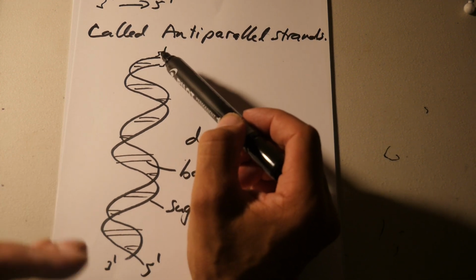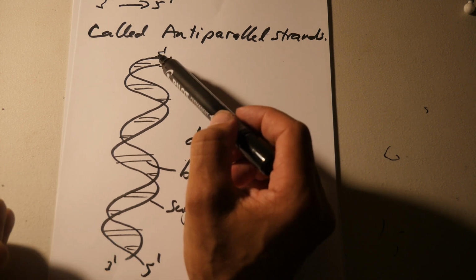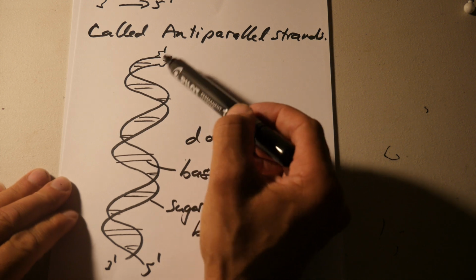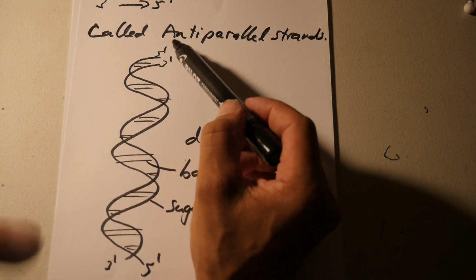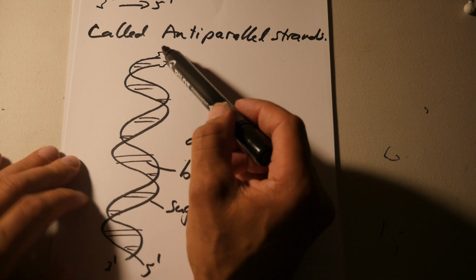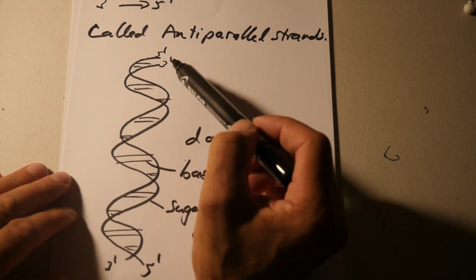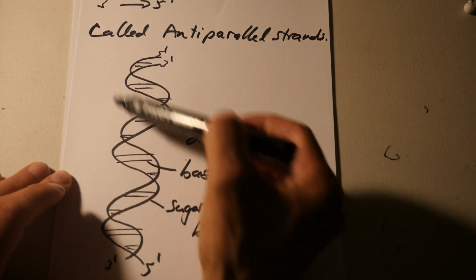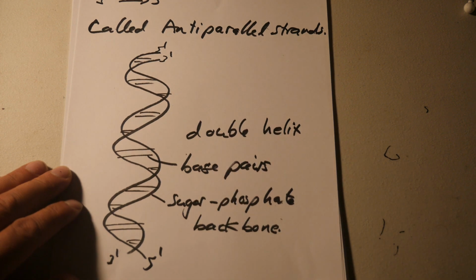It has to end on a nucleotide, okay? It cannot end on a phosphate. If it ended on a phosphate, then they would both be 3' or something. But because it ends on a nucleotide, the last carbon at the end is either 5' or 3'. That's why one strand is 5' to 3', and the other one is 3' to 5', and they're anti-parallel, okay?